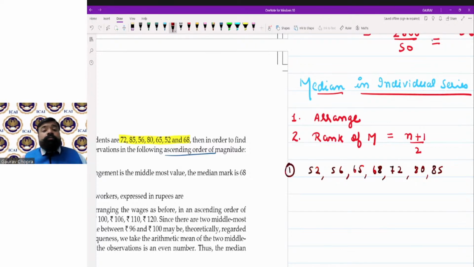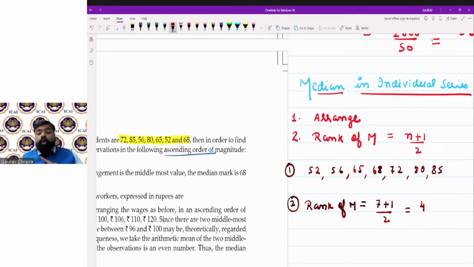So there are 7 observations. The first step we have done, arrange the series. Now the second step is to find out the rank of median. What is n? N is the count, the number of observations. So 7 plus 1 by 2. How much is it? 4.